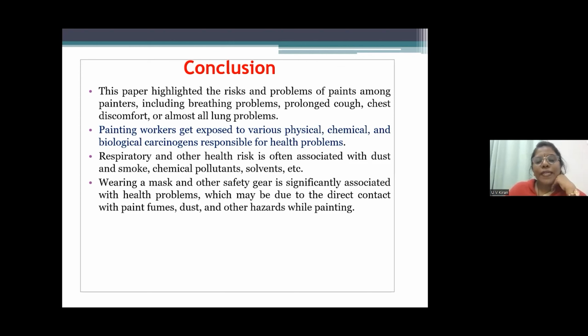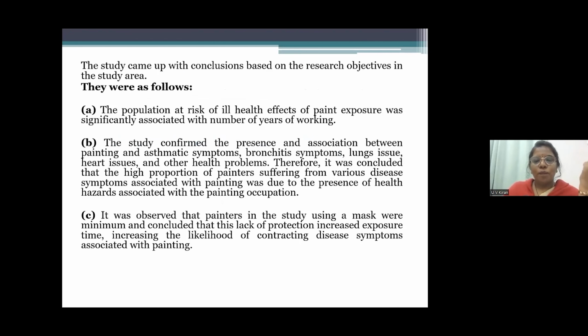Though wearing a mask and other safety gear is significantly associated with health problems, it was found that since workers are not using proper safety gear properly, they are not getting the complete protection which they have to get after wearing this safety gear. So this is the population at risk of ill effects of paint exposure.